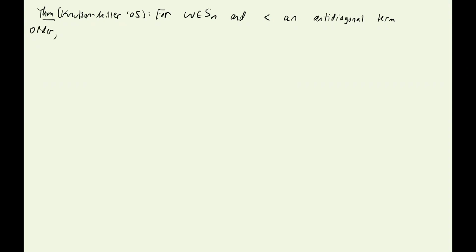The theorem from last time was, for w in S_n and less than an anti-diagonal term order, the Fulton generators of I_w form a Gröbner basis.